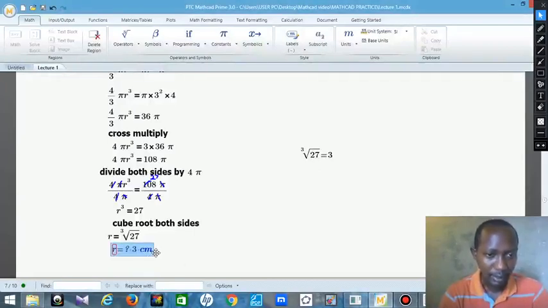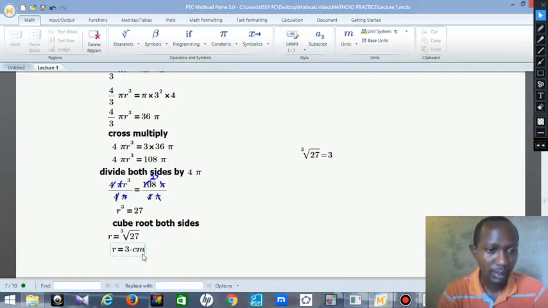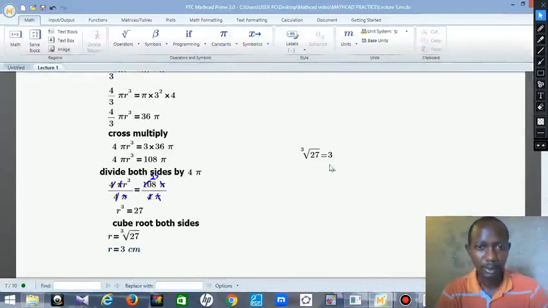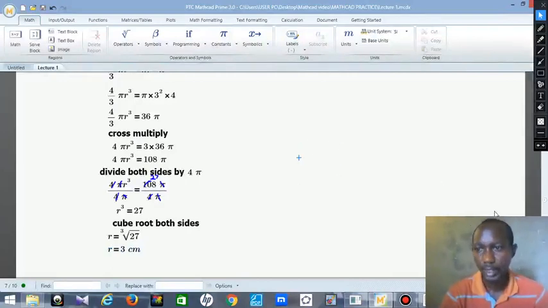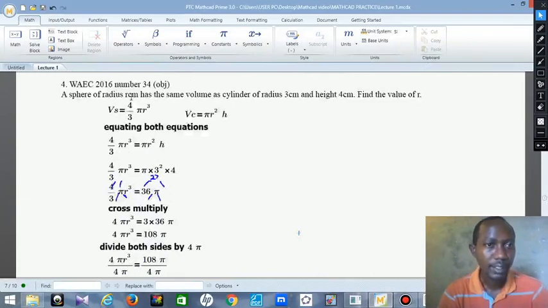Therefore r is equal to 3 centimeter. So that is the solution, and that is all the question requires from us. Let's go through and see. The question gave us r as the radius of the sphere, and they said it has the same volume as a cylinder.